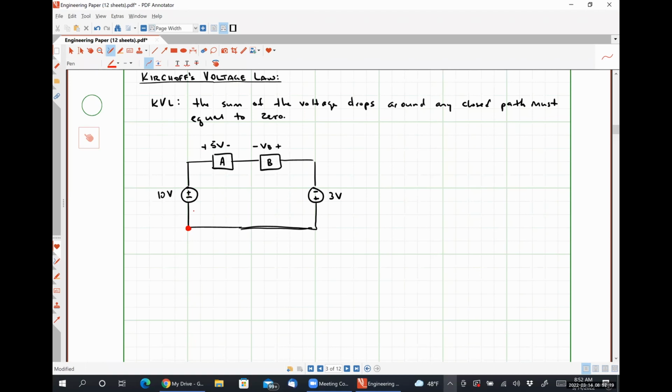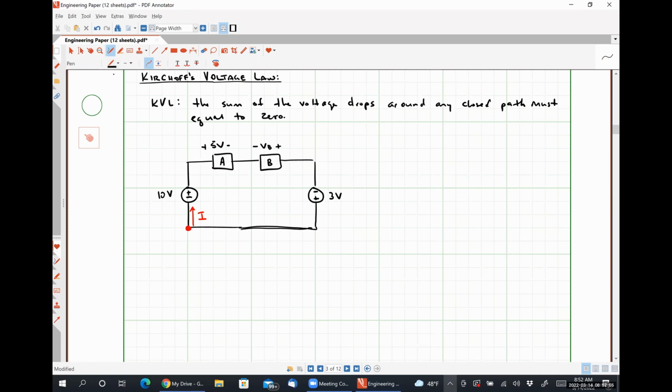I am arbitrarily going to assume a direction for some current, and I'm just going to call this current I. I'm going to follow that current I from the bottom left-hand corner around this path until I reach that exact same node. If my current hits the negative polarity terminal first, my voltage gets a negative sign. If the current hits the positive polarity terminal first, it gets a positive sign.